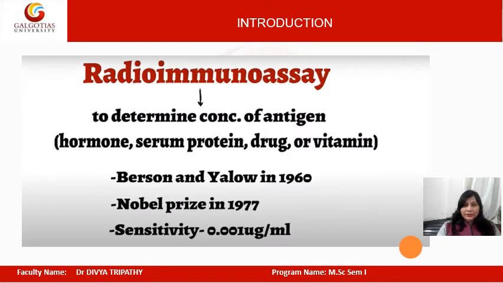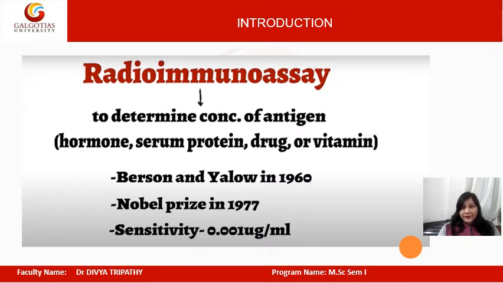And as I already told you, this technique is very sensitive, and the sensitivity of such technique is 0.001 microgram per ml. Now you can understand that this technique can be used to quantify so little an amount of foreign particle or hormone or virus or bacteria within the given sample.